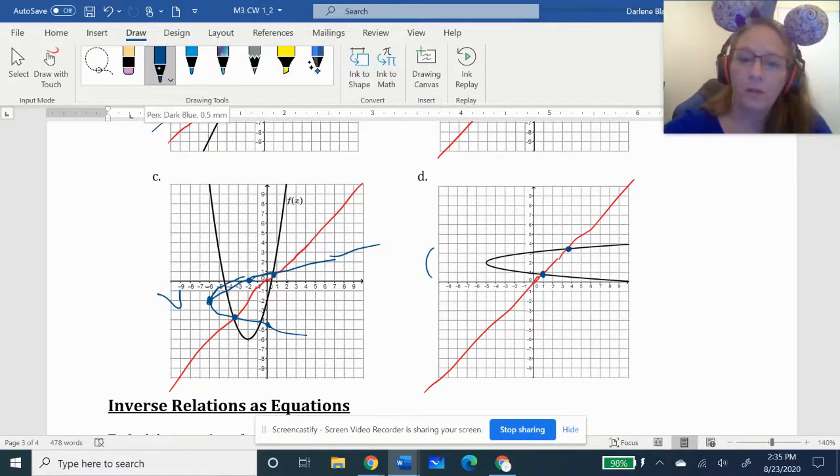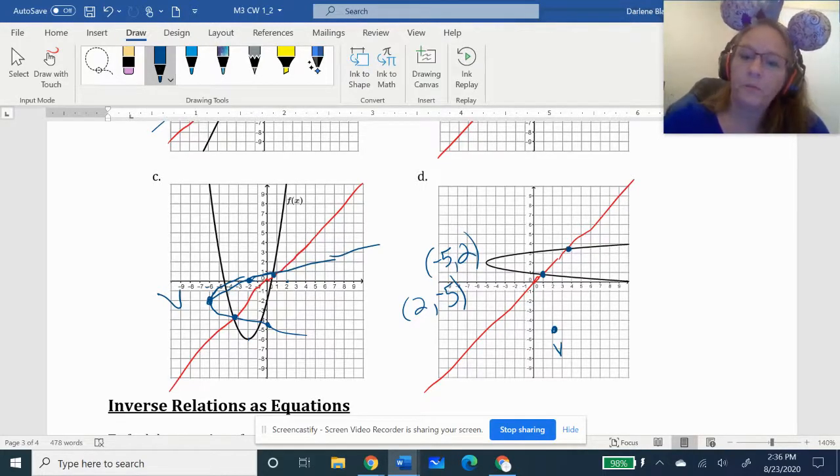The vertex on the given graph is x equals -5 with y equals 2. So now I'm going to just reverse 2, -5, find the point 2, -5, plot it. That is going to be the vertex of the image parabola. I'll put a V for vertex.